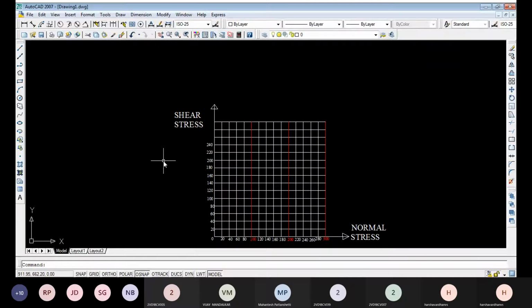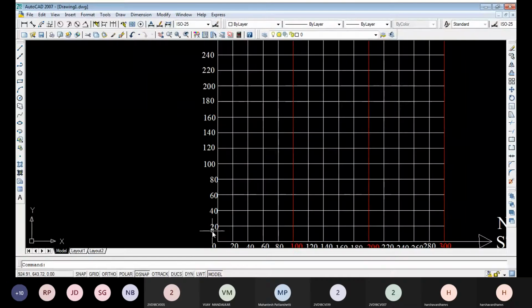I'll give you 1 more minute. Please mark everything. Till then, I'll just mark the lines. For shear stress, I need 130, 185, and 240. So 130 is between 120 and 140.